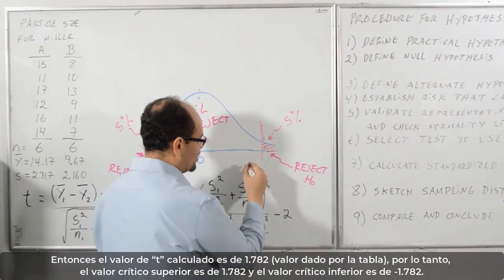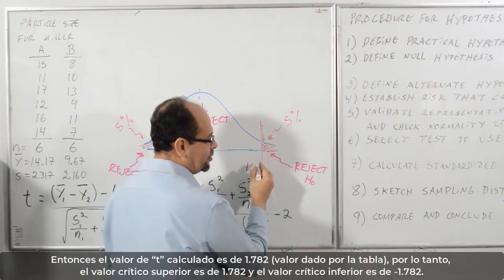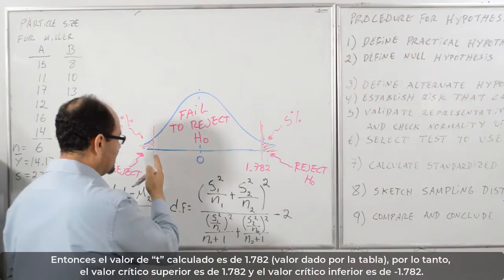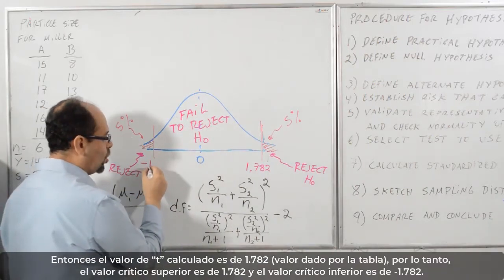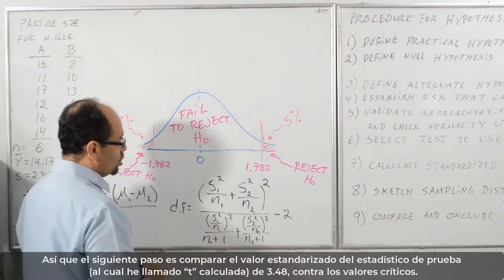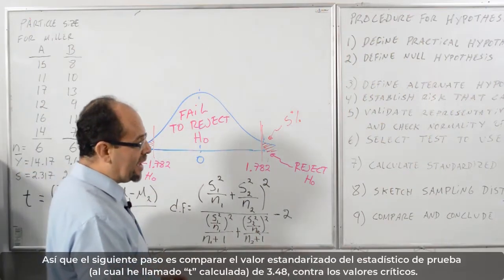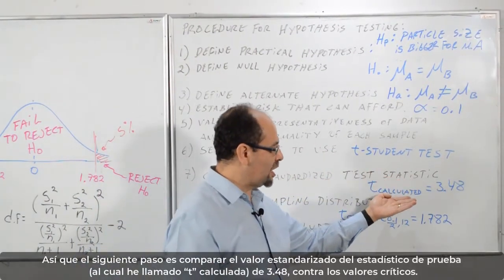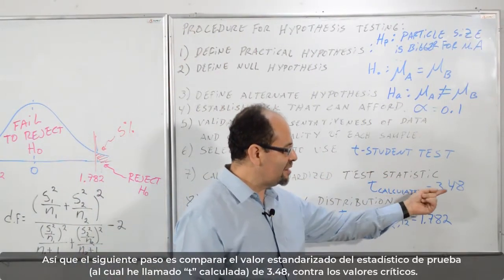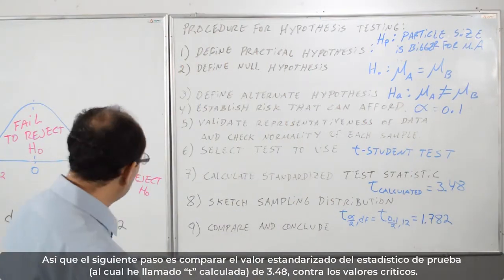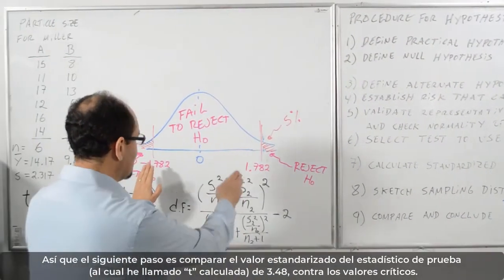Then the critical T is 1.782, and also negative, which is minus 1.782. So the next step is to compare the standardized test statistic, which I call T calculated, 3.48, against these critical points.